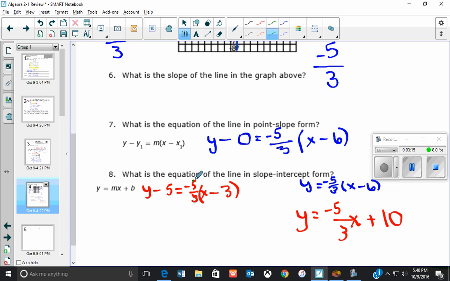So we're going to do -5 thirds times x, -5 thirds x, and then -5 thirds times -3. So -3 over 1.